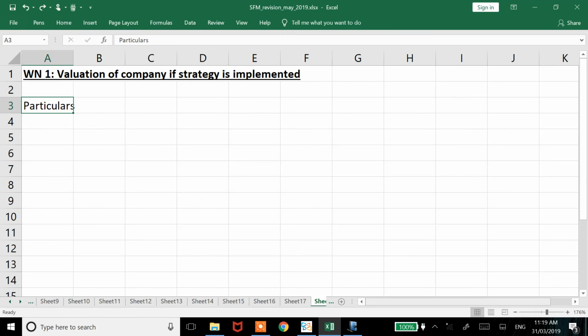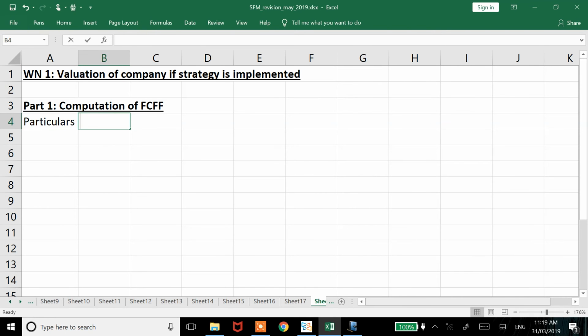In that you can write, part 1, computation of FCFF. In this part 1, there will be 2-3 parts to this valuation. Note 1, computation of FCFF. Particulars, year 1, 2, 3, 4. I'll have to calculate the cash flows.